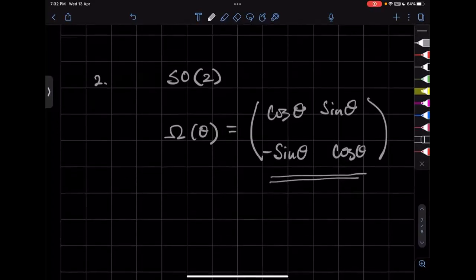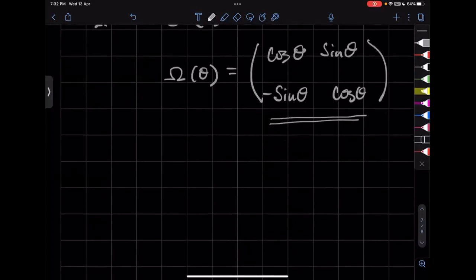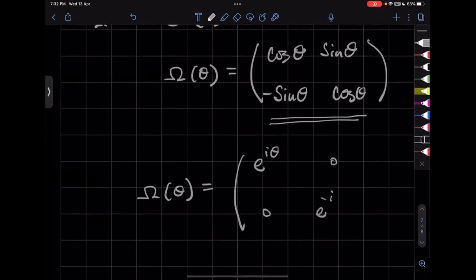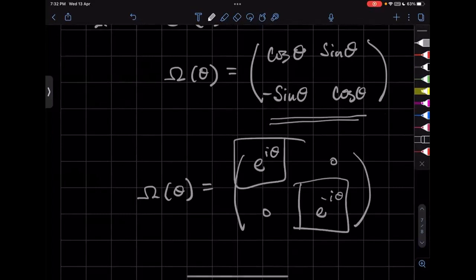And if you allow the fields to be extended to complex numbers, then you can diagonalize these matrices, and they will be given by two irreducible representations, which are one-dimensional. Okay, any questions so far?